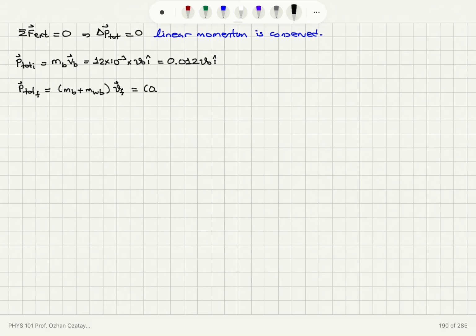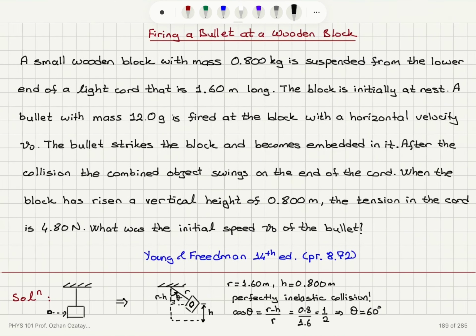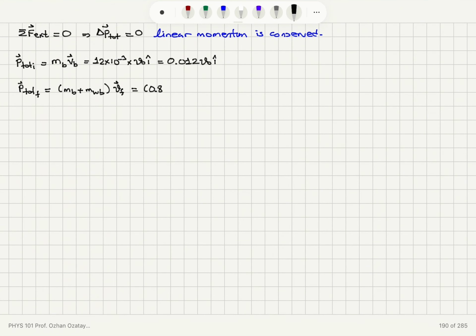The mass of the wooden block is 0.8 kilograms, so it is 0.8 plus 0.012 kilograms times the final velocity, which is 0.812 times the final velocity. Since the linear momentum is conserved, the initial total linear momentum before the collision must be equal to the final linear momentum after the collision.